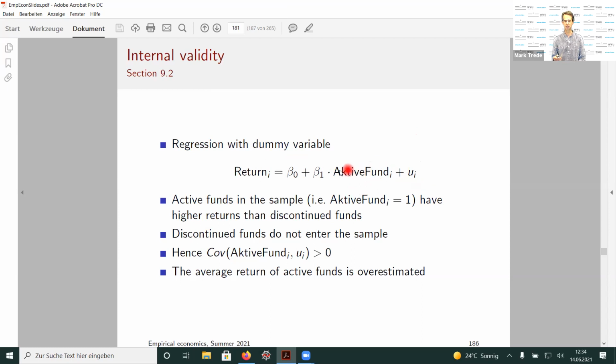So the larger the active fund variable, meaning if it's 1, the larger on average the error term. So there's a correlation between the dummy variable active fund and the error term. Okay? So again, we have a correlation between the regressor and the error term. And that's a severe problem, and therefore we have to do something about that.